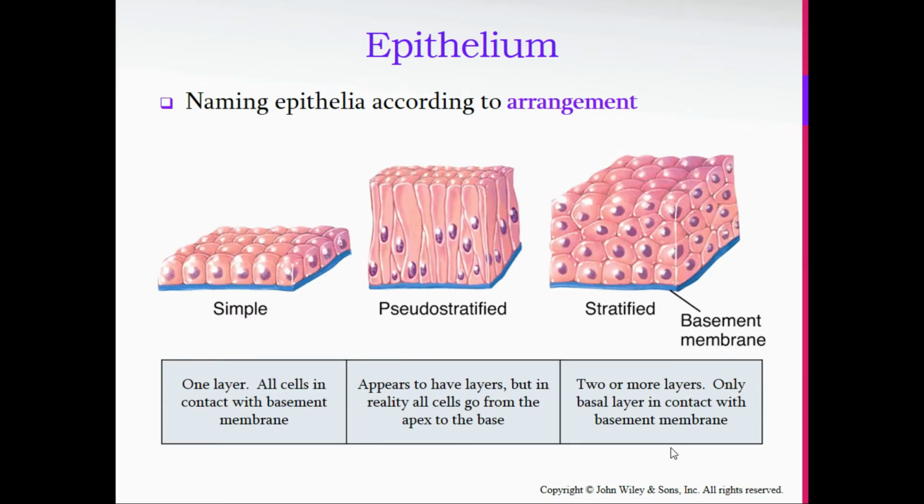And again, the arrangement, a single layer of cells is said to be simple. Multiple layers of cells is stratified. And then again, appears to be multiple layers, but in all actuality is just one, is pseudostratified. And remember, pseudo means false.